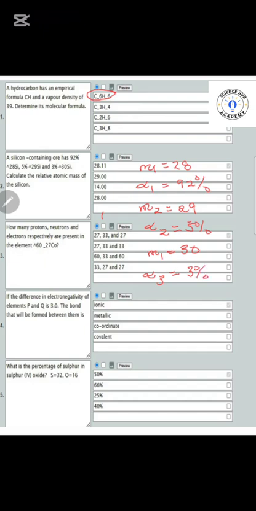So with this we can calculate the relative atomic mass. So that will give us M1 alpha 1 plus M2 alpha 2 plus M3 alpha 3.